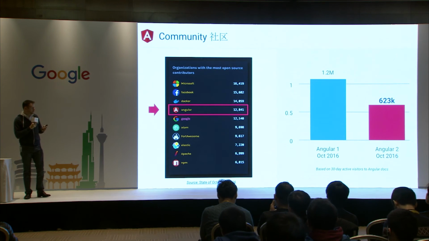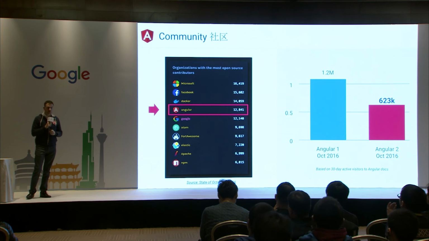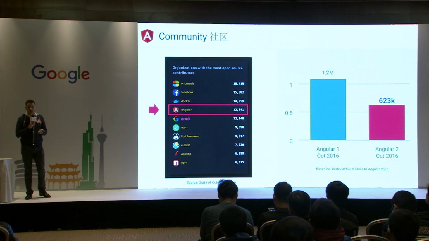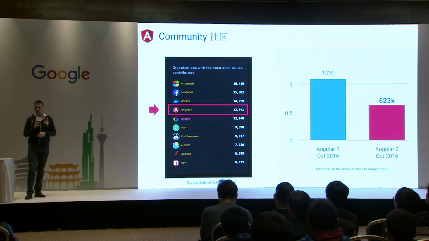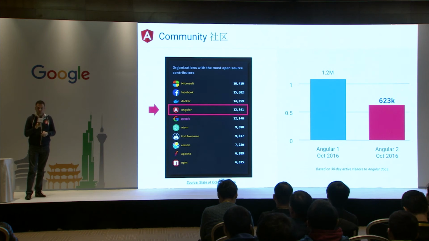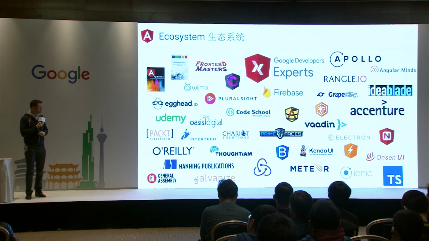And currently, as of October, we had about 1.2 million developers looking at Angular 1 documentation, and we had about 600,000 developers looking at Angular 2 documentation, even only a month after our release. So we're experiencing rapid growth, and we're very excited about this. And we're going to continue to invest in Angular 1 until these graphs switch, until the majority of the developers that we work with have migrated to Angular 2.